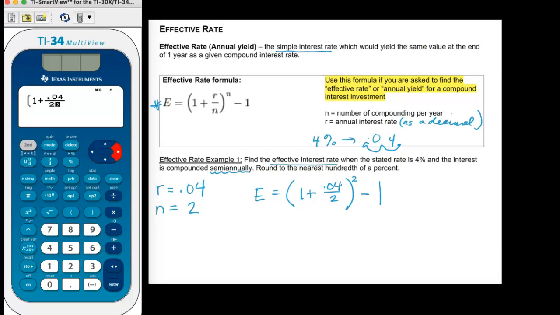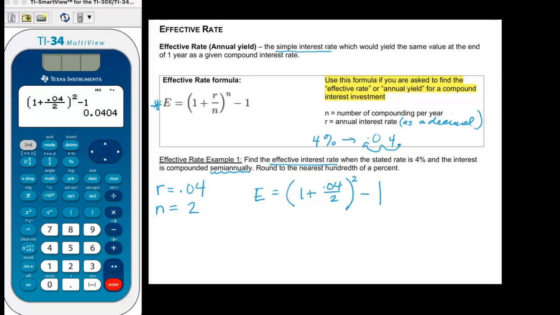Make sure you use the right arrow to get out of that fraction, close the parenthesis, and then raise it to the second power. You could also use the x squared button. Whoops, we don't want to raise that to the second power, so I'll delete that. Make sure you use the right arrow. I believe you can also use the down arrow. Oh, you know what, it doesn't work. We've got to use the right arrow. Glad I tried that. Use the right arrow so it gets you down below, so that when you put the minus 1, it's in line with the parentheses and not with that exponent. So minus 1 and then hit enter.